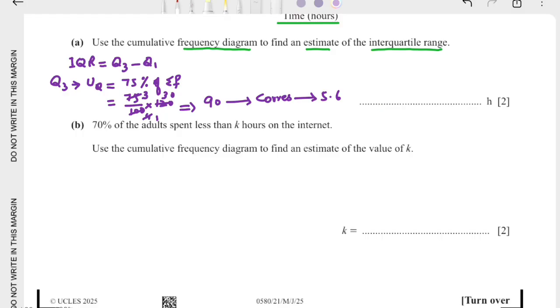Now we have to find out Q1, that is the lower quartile. So Q1 is called the lower quartile, and that is equal to 25% of sigma f, that is 120. So the value against 30 from the graph would be equal to, so let us observe the value.